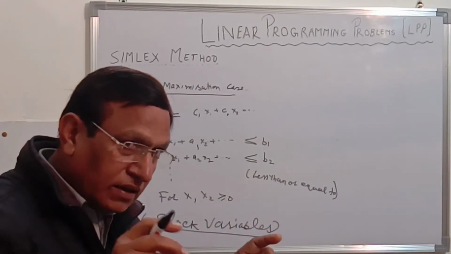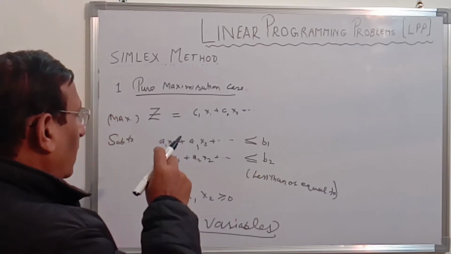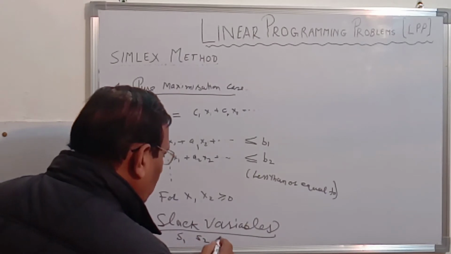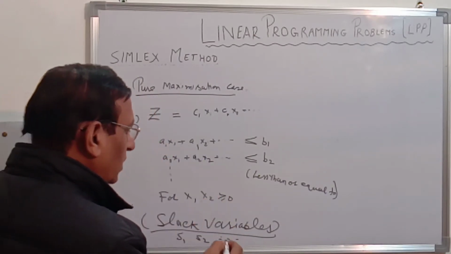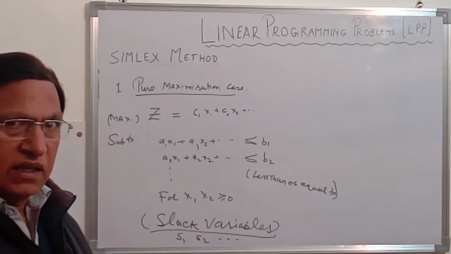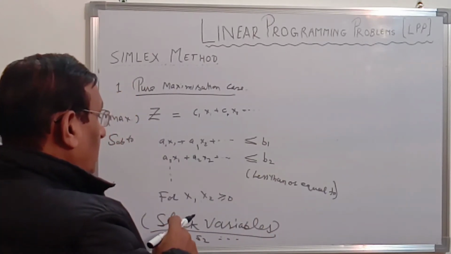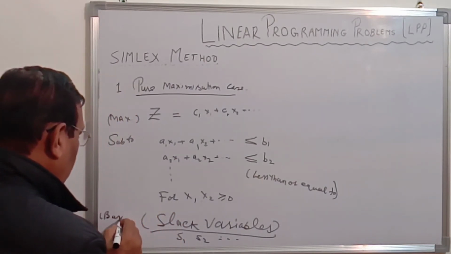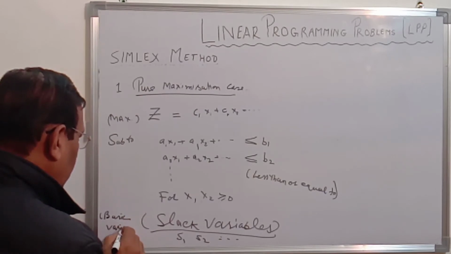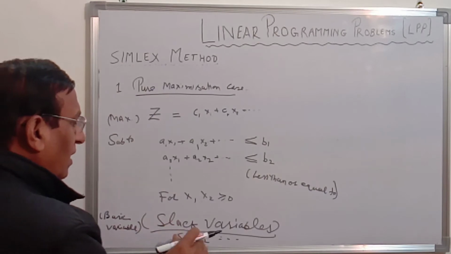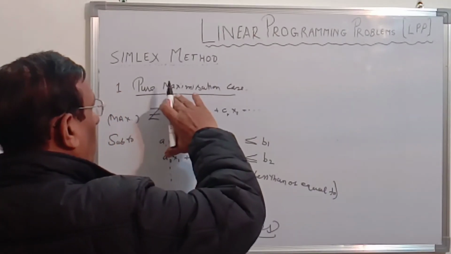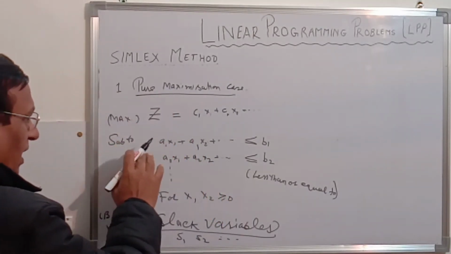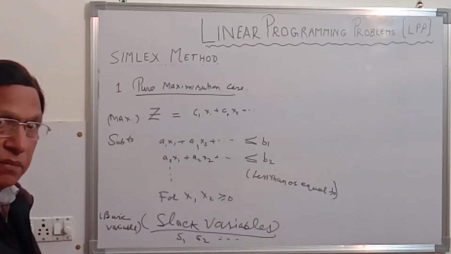This we will think about and remember how to add slack variables. Say slack variables are S1, S2, say 2 equations and 2 variables, 3 equations and 3 variables. Very clear. Then these variables are basic variables. And slack variables are considered when the problem is of pure maximization, the objective function is maximized and the equations are less than or equal to type.